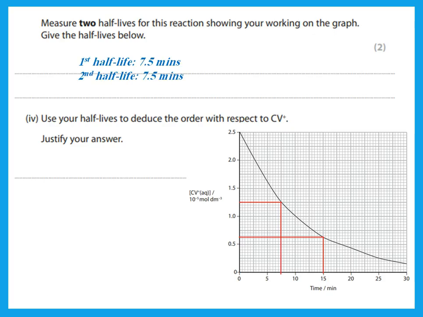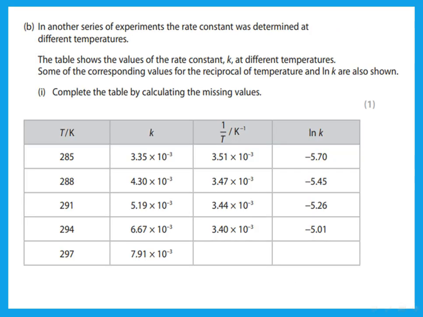So the first half-life is 7.5 minutes. I go to the second half-life, so that is from 1.25 to 0.75, and that takes also about 7.5 minutes. And that means that my half-lives are constant, and that means I'm talking about something that is first order.